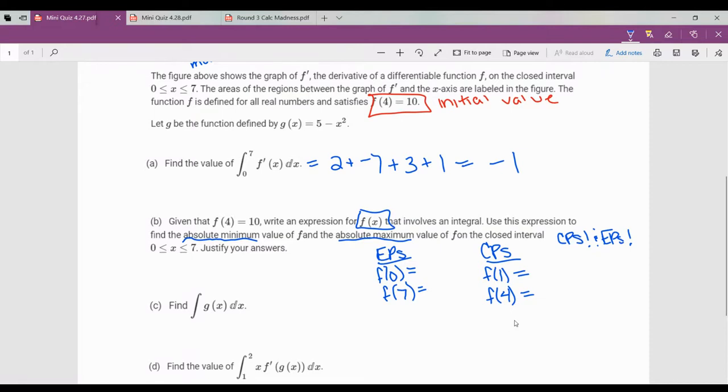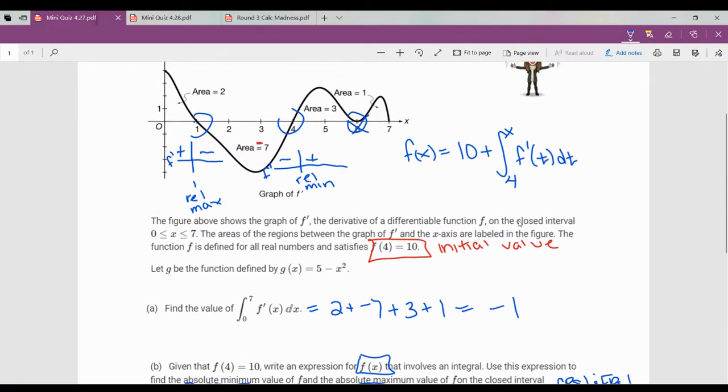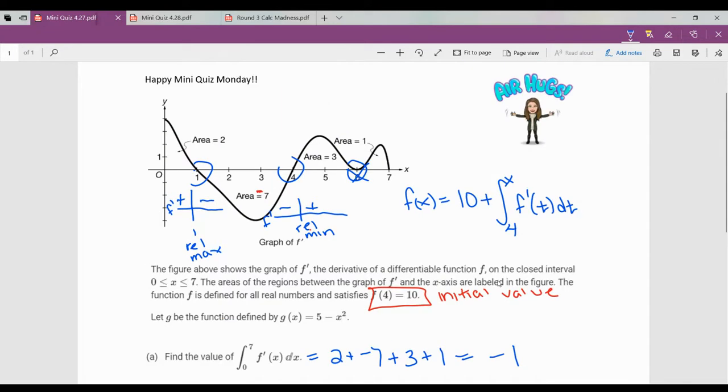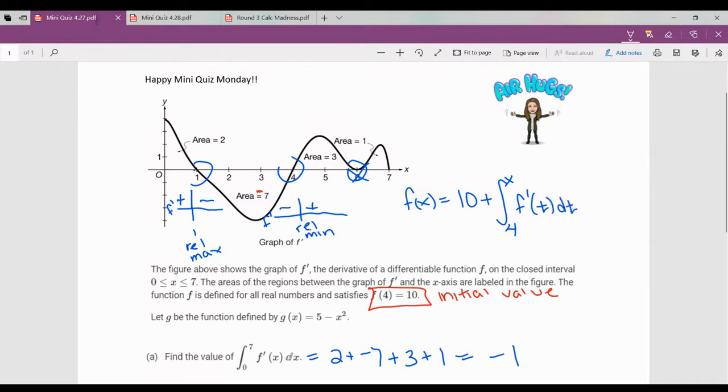All right, so f of 4 was given. That was 10. Okay, so that's nice and easy. All right, now we'll start out with the critical point, f of 1. So if I wanted f of 1, I would do 10 plus the integral from 4 to 1 of f prime of t dt.